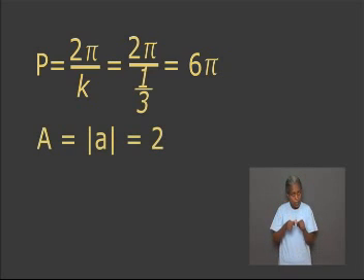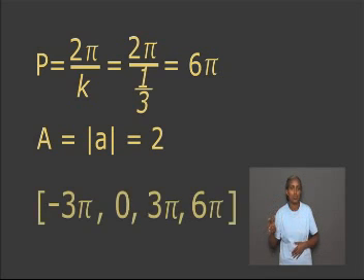Remember, our amplitude is the absolute value of A, which in this case is 2. Since our A value is negative, we know that the values will be reflected across the x-axis. Our graph will cross the x-axis at -3 pi, 0, 3 pi, and 6 pi.